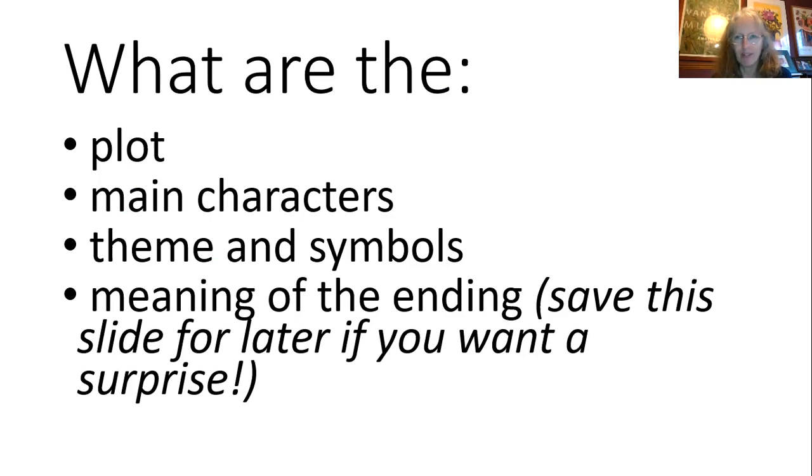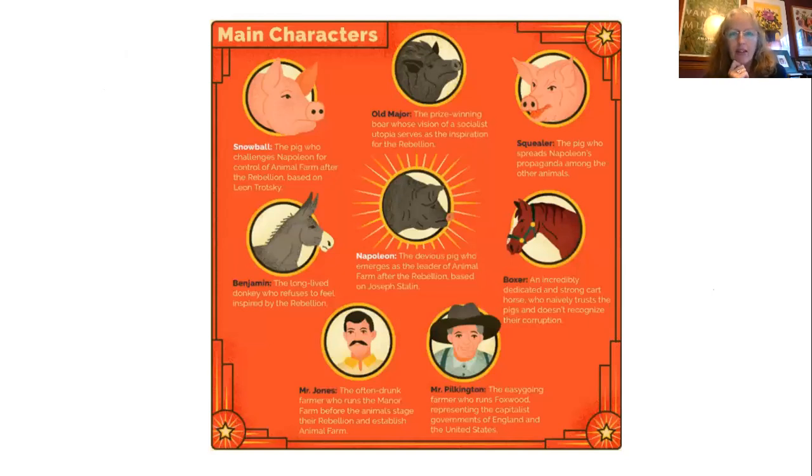Okay, so we're going to look at some of these now, and this will help you understand the book as you read it. These are the main characters. 2 humans and 6 animals, and there are many other animals. So we have the pigs, who are the ones in control: Old Major, Snowball, Squealer, Napoleon.